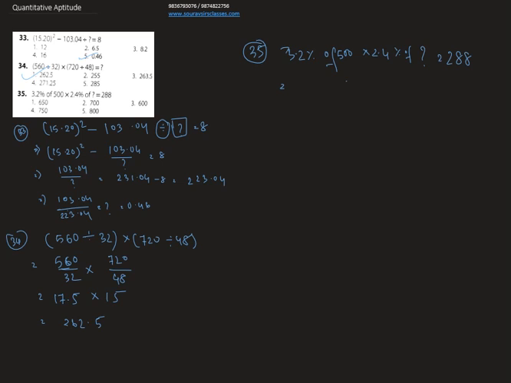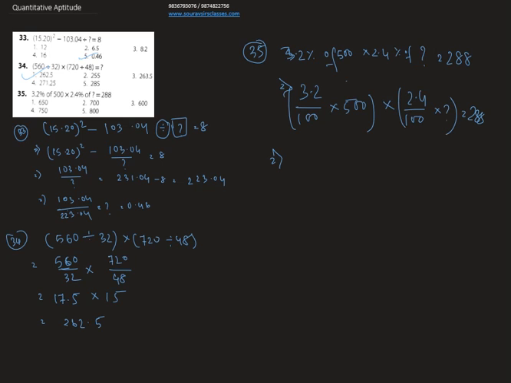Okay, we know from the BODMAS rule that by the preference, of is the first operator in it. Therefore 3.2%, that means 3.2 divided by 100 multiplied by 500 multiplied by 2.4 divided by 100 multiplied by question mark is equal to 288.